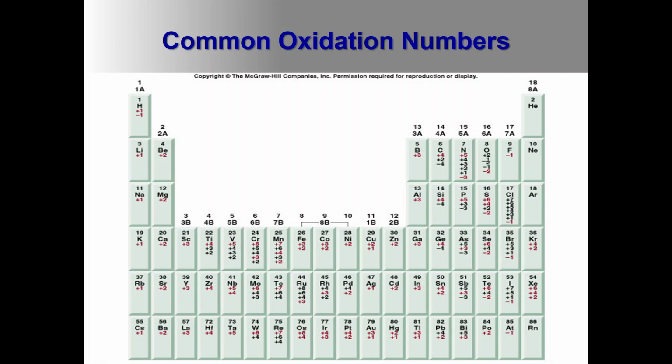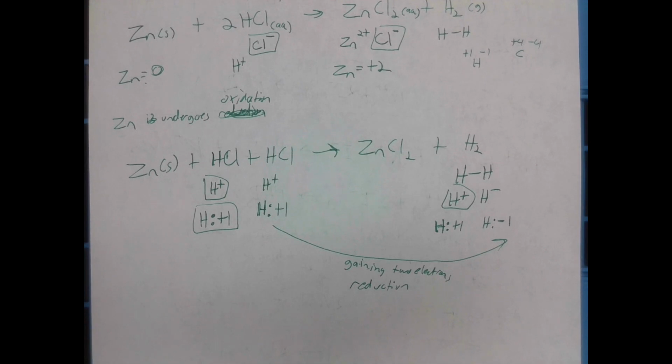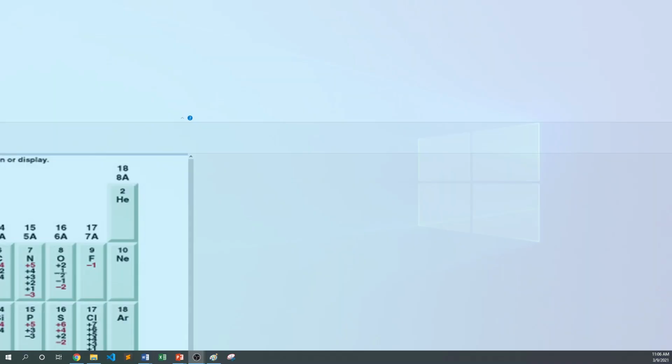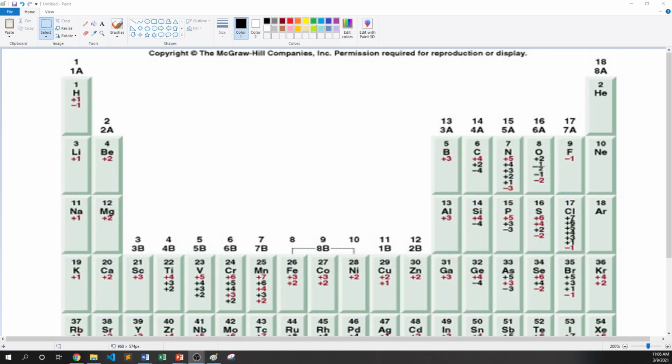I can't even see what that is. That's all the oxidation numbers. Let's see if I can pull that up. It's really hard to see.